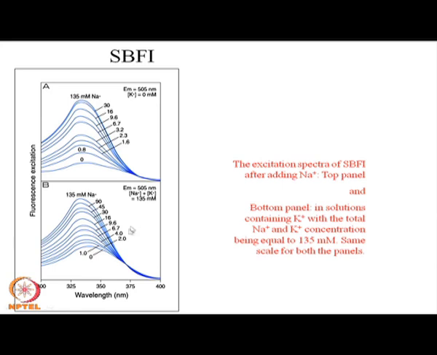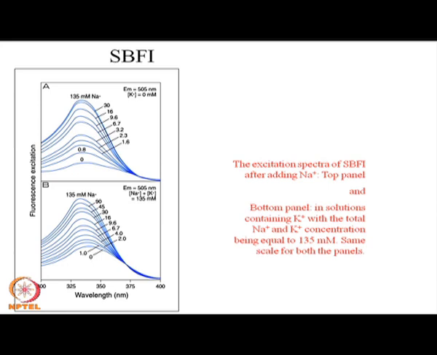What is happening is that here the K+ concentration is 135 millimolar, and here the Na+ concentration is 135 millimolar. So you are filling up the difference between 0 and 135 by means of K+ in the second case.